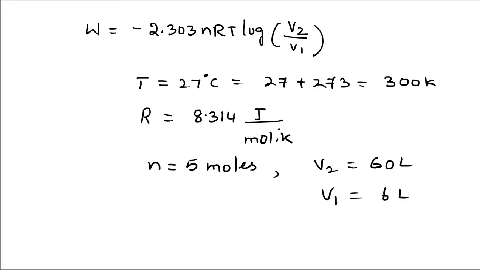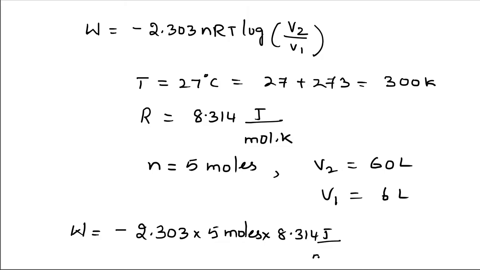Now let's substitute all these parameters in the expression of work, that is W is equal to negative 2.303 times n, which is 5 moles, times R, 8.314 joules over mole Kelvin, times the temperature, 300 Kelvin, times log 60 liters divided by 6.